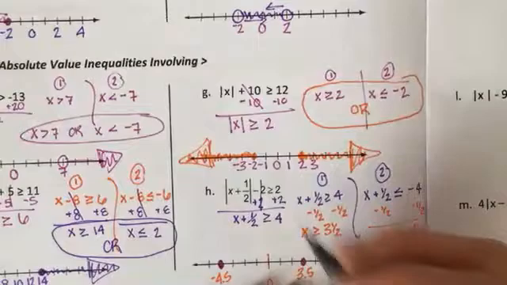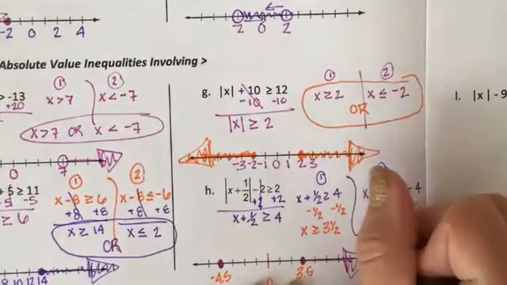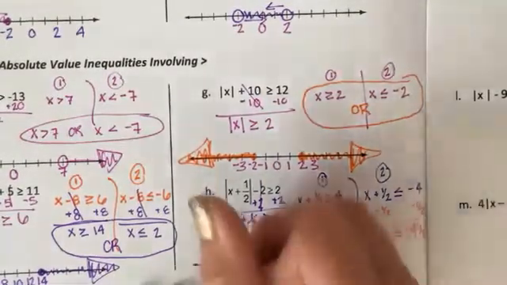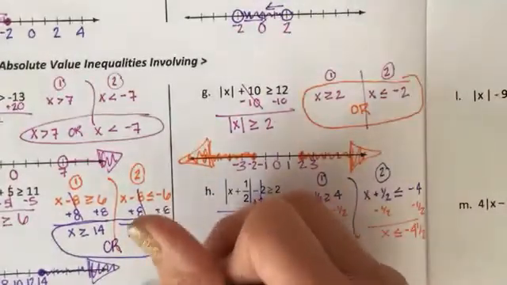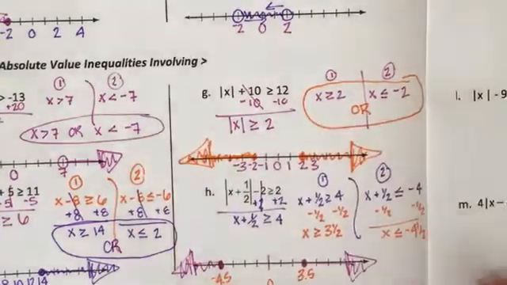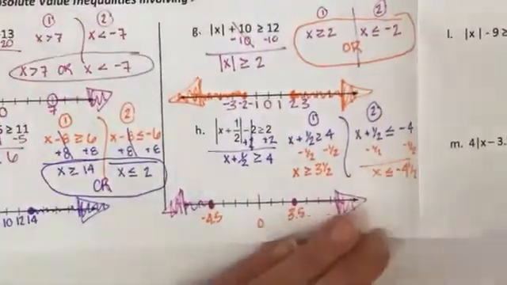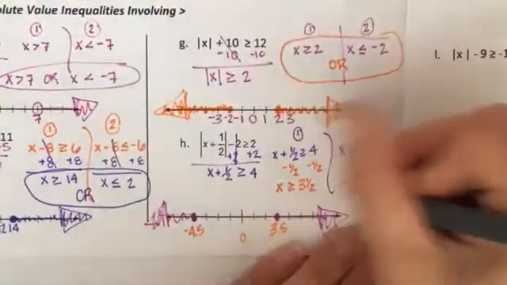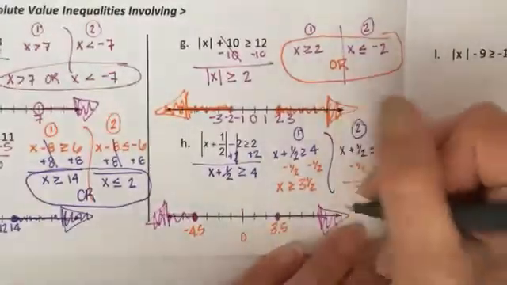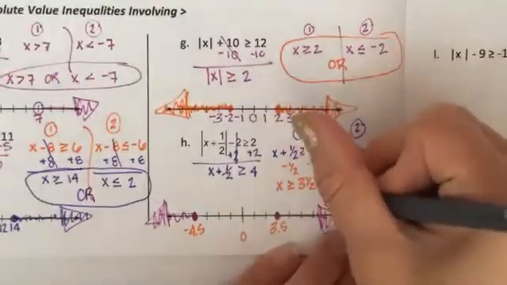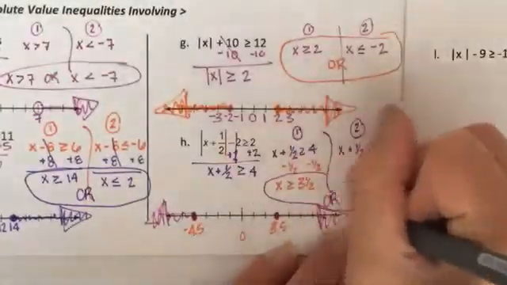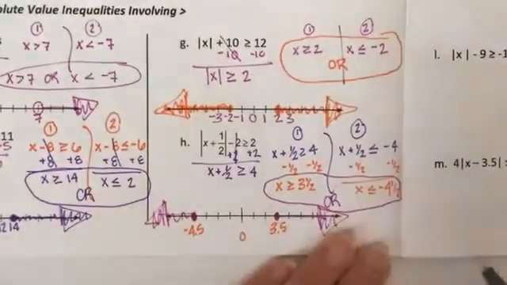X is greater than 3.5. X is less than negative 4.5. Okay, so even if you have fractions, the big thing is just knowing what kind of circles and what way the arrows are going to go, and if it's an or or an and.